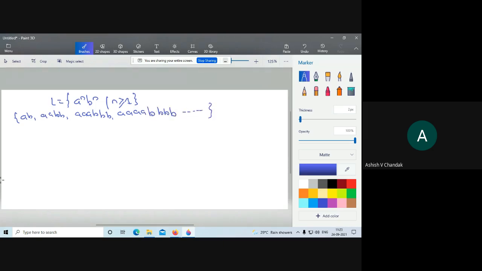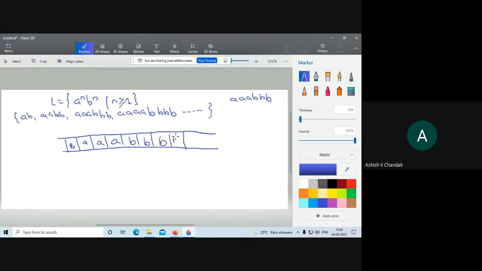Here we should ensure that there is an equal number of a and b. Let us discuss the logic. I will take the string aaabbb and write it on the tape: a, a, a, b, b, b.